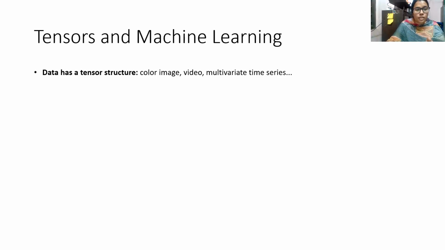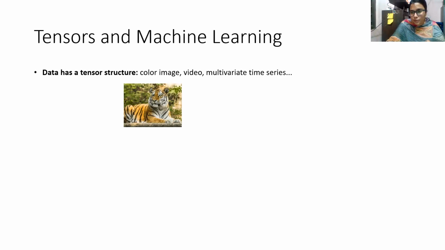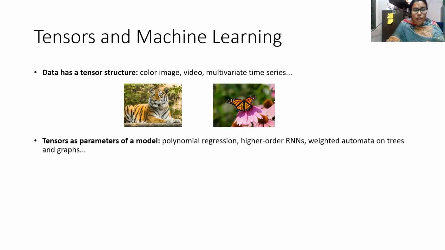We can say that data of course has a tensor structure, like color images or multivariate time series or video, any kind of data it could be. Another thing is that a tensor can also be used as a parameter of a model, right?